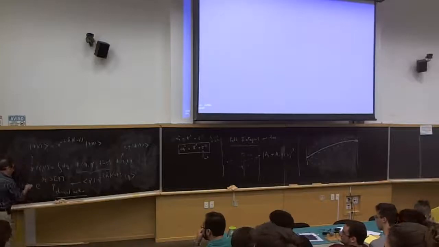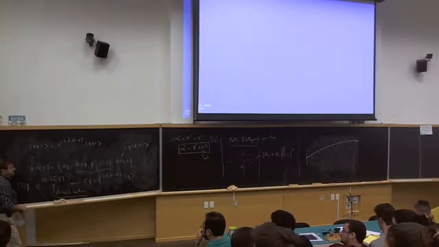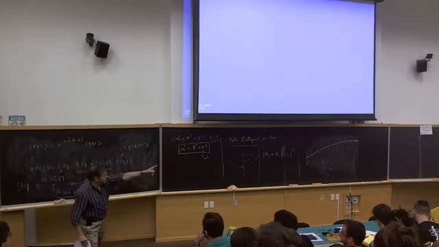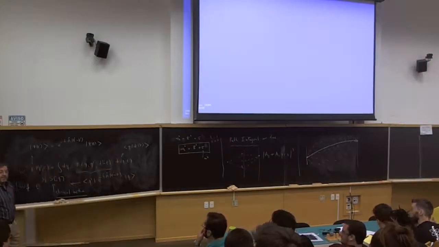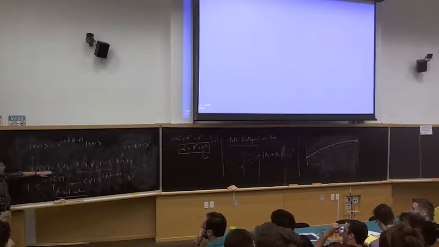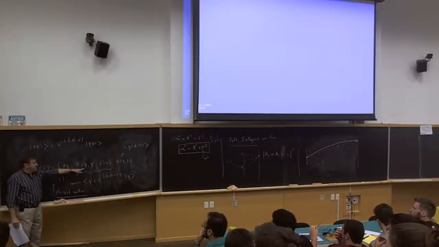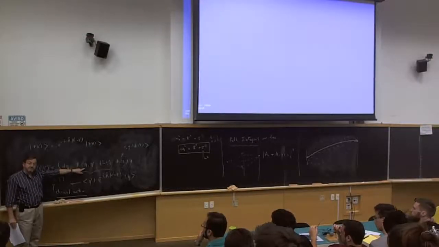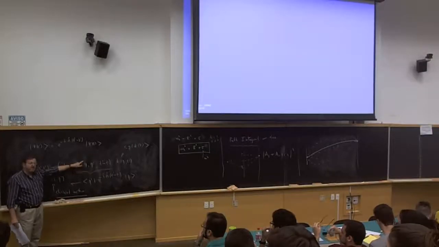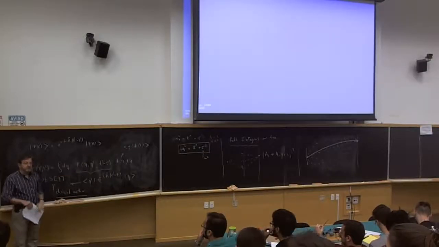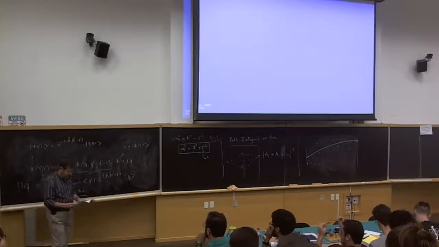You integrate over all trajectories from the initial time to the final time, and you get the quantum evolution of the system. This is called the Feynman propagator, or kernel, or whatever.